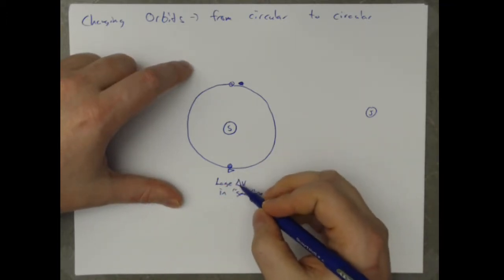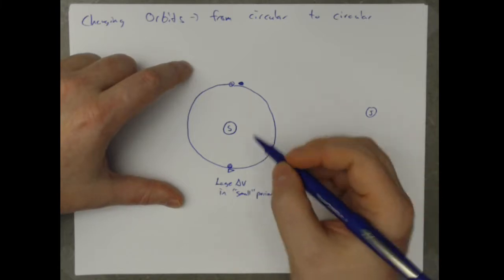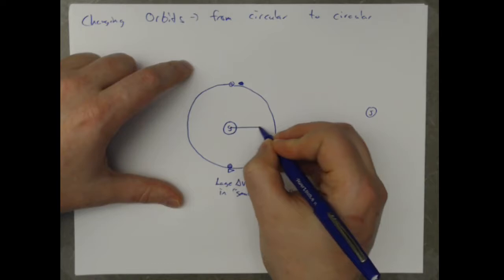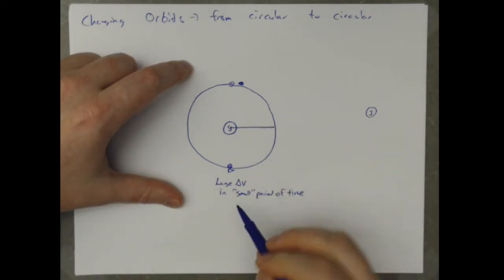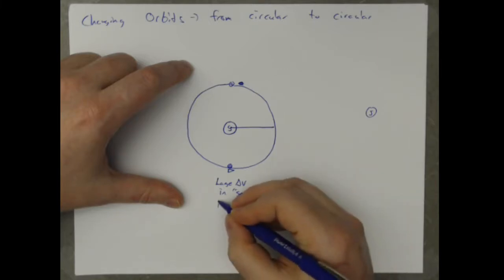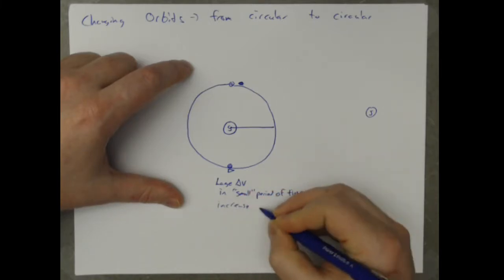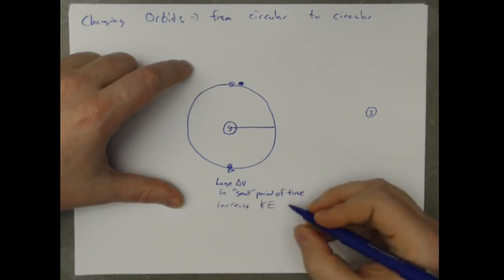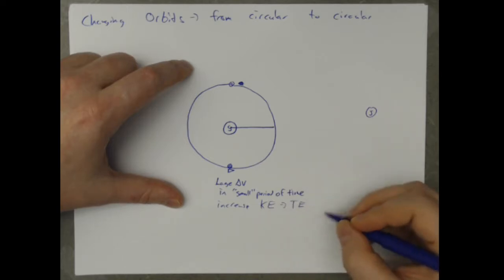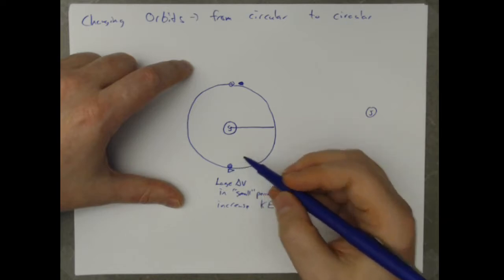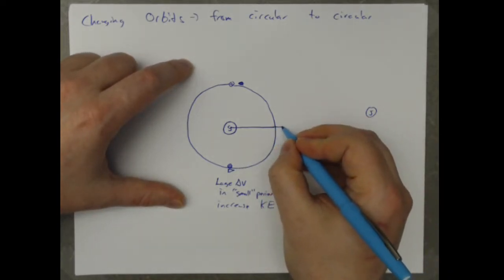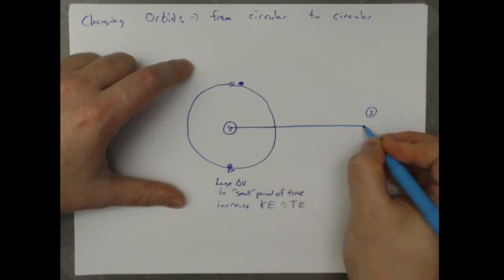The reason we do this large delta V is that this here is currently our radius. If we quickly change our velocity, we increase the kinetic energy, which increases our total energy while our potential energy is the same, and that extends out the radius of our orbit.